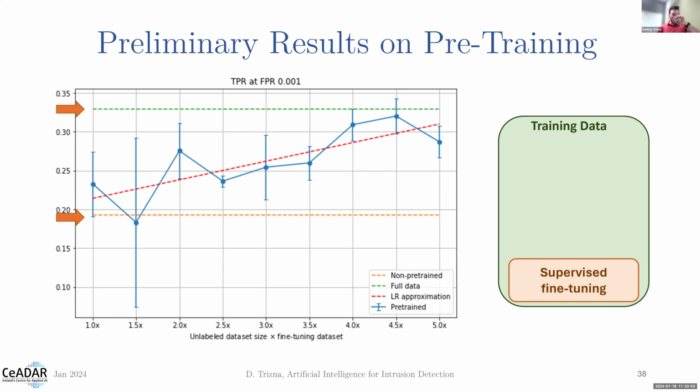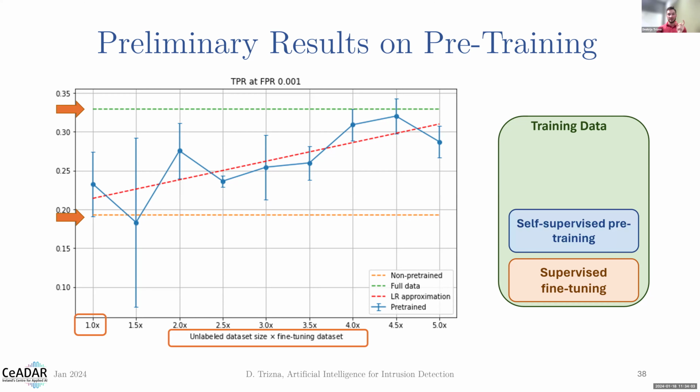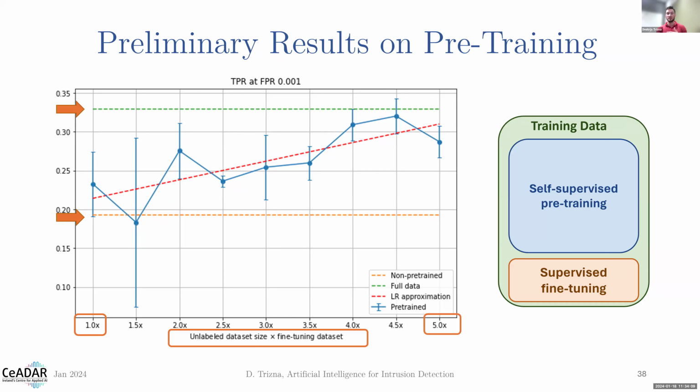And the blue line corresponds to this pre-trained model, depending on the size of this unlabeled corpus. So we artificially downscaled it to be the same size as the supervised dataset, and then we gradually increased it to the full size.